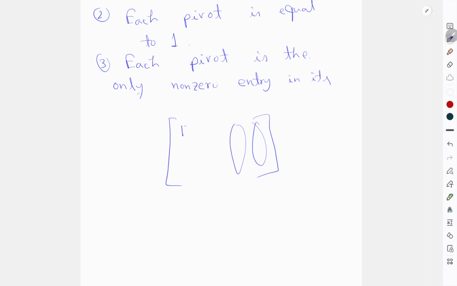And if suppose you have some element here, then all the other elements will be zero to the left and right of that pivot element. Okay, like that. It is the same thing; here this is vertical, and CREF is horizontal, right?